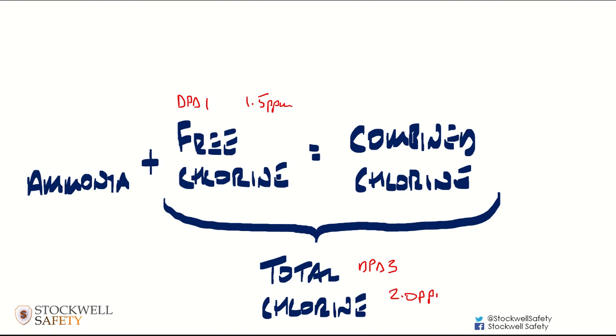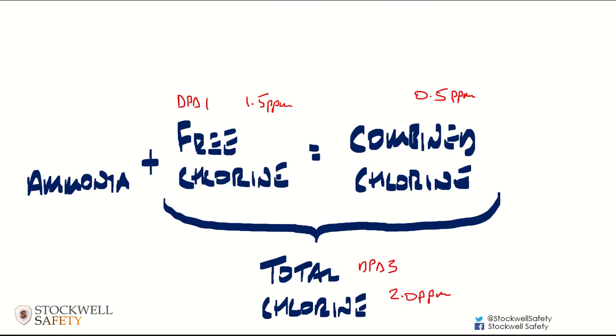What that would allow you then to do is work out that you've got 0.5 parts per million or milligrams per litre. It's the same thing, but by calculating what the total chlorine is and then working out how much of that total is in the form of free chlorine, then the remainder has got to be in the form of combined chlorine.